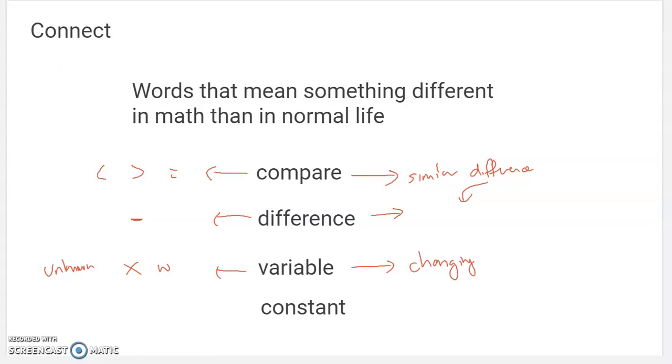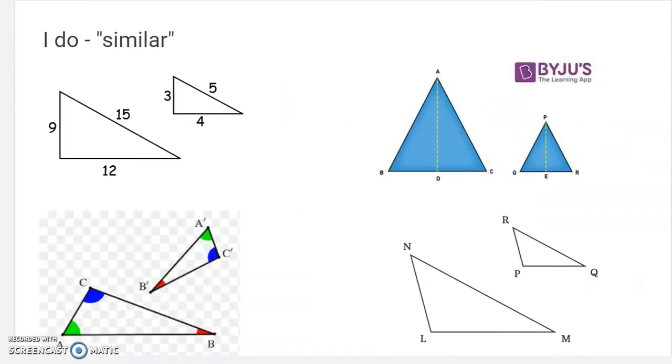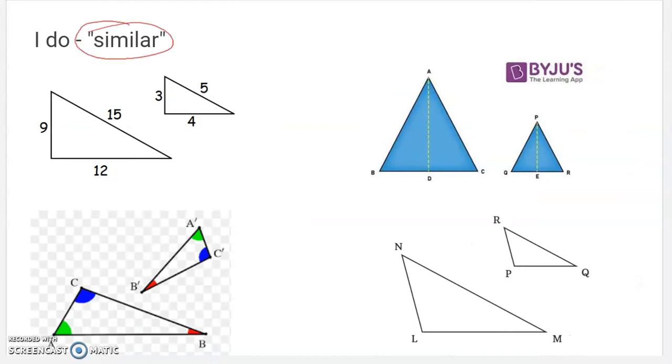Constant in an algebra problem is a number that is added to something. In real life, constant means not changing or happening all the time. So words mean different things in life and in math, and the word similar is no different.